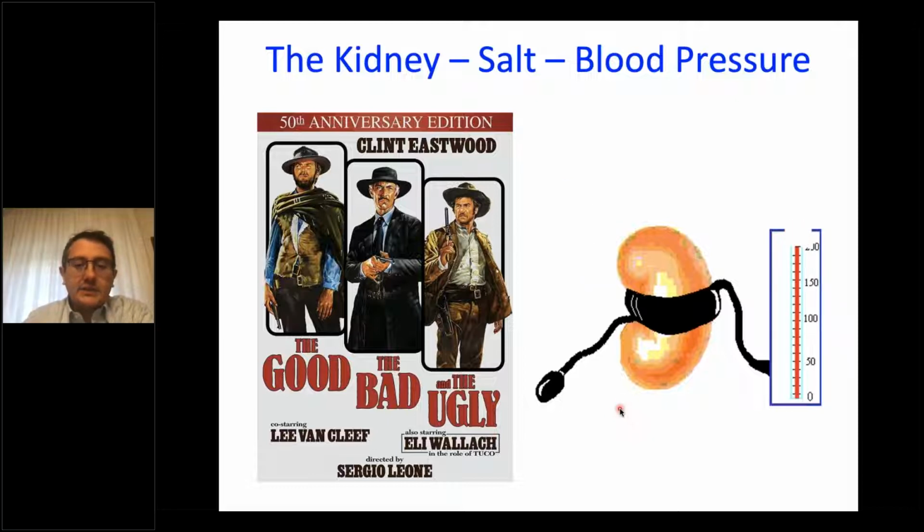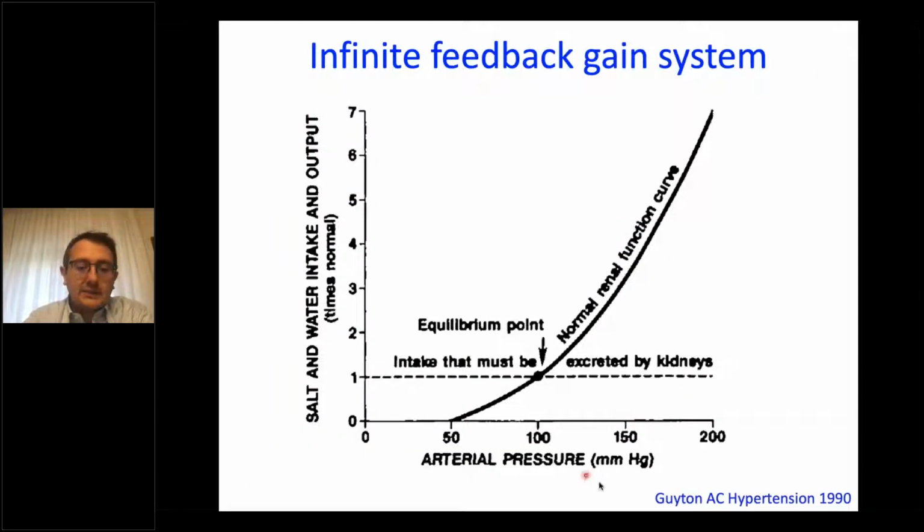And this relation has been modeled by Guyton at the beginning of the 90s in a very elegant model in which he described that in order to excrete a certain amount of salt and water, the kidney requires an equilibrium point of blood pressure.